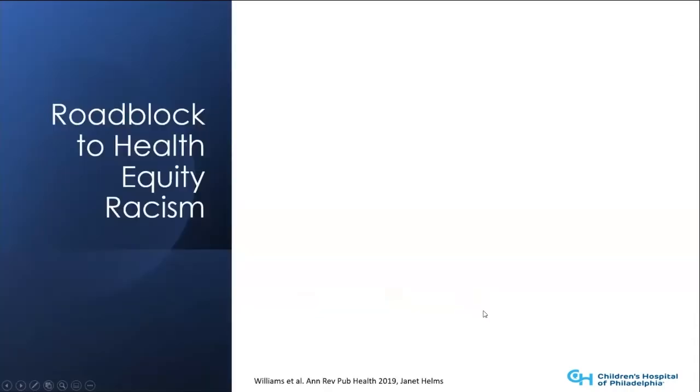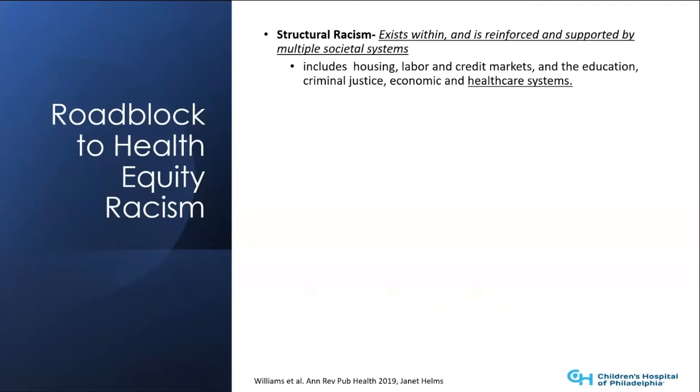So when we think about roadblocks to health equity, it really is rooted in racism and racist practices. As we further define our vocabulary, structural racism exists within and is reinforced and supported by multiple societal systems and includes things like housing, labor, and credit markets.